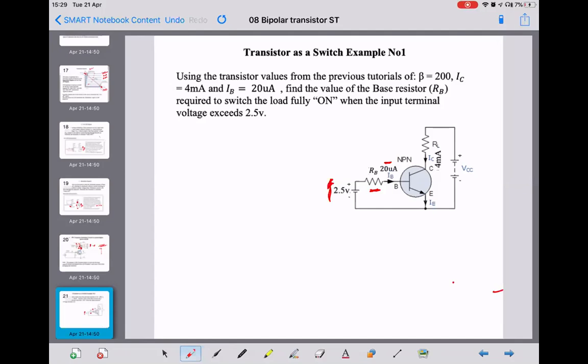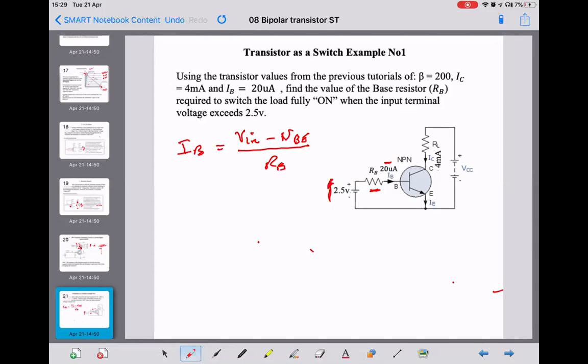Yes, you're heading in the right direction. We had the formula before. IB was equal to V in minus V base emitter over RB.